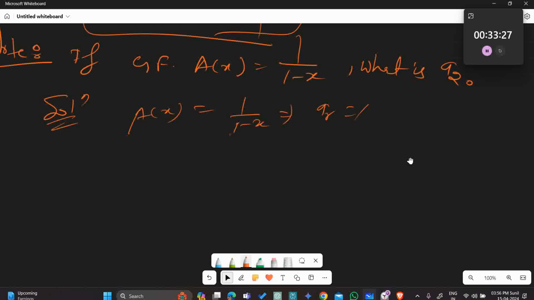Alright. Then the sequence for this would be 1, 1, 1 and so on. Right. Then a20 would be 1 only. Yeah, 1 only. This is the answer.